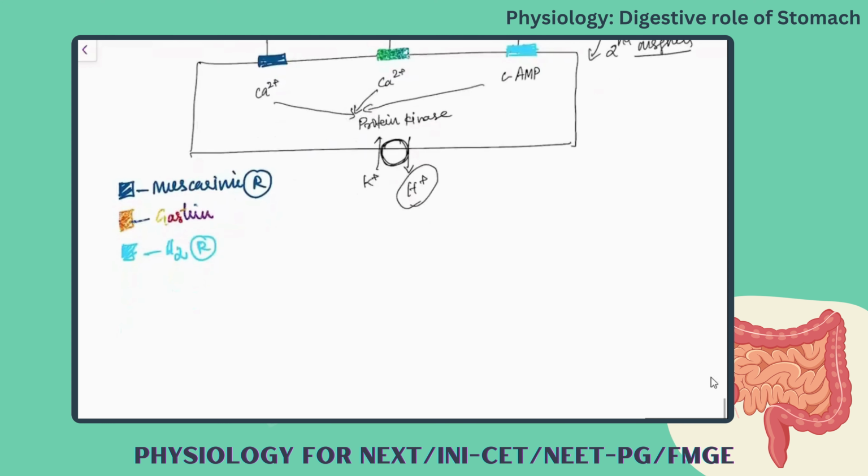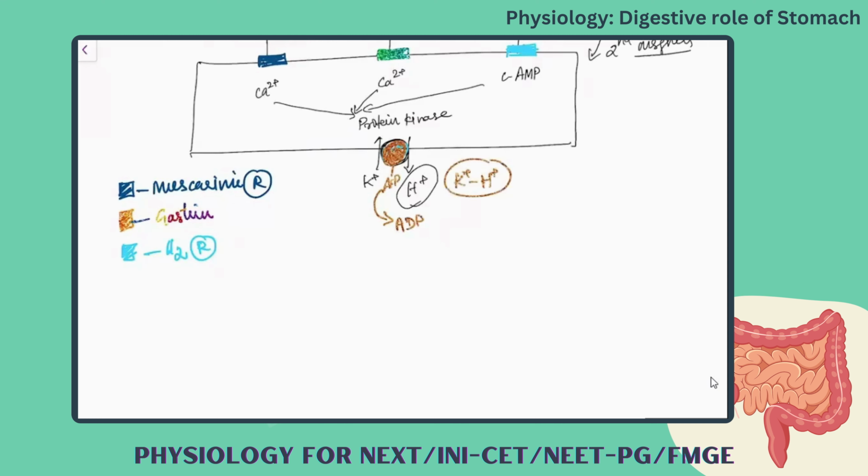And finally, there is the receptor to activate the ATPase present in this pump. ATP has to be split into ADP to release the energy. So that is the H plus potassium exchanger.